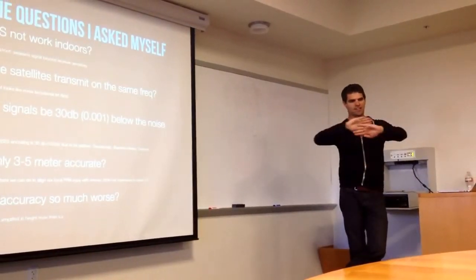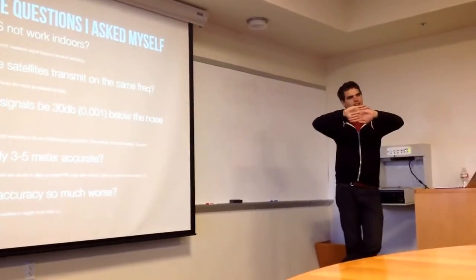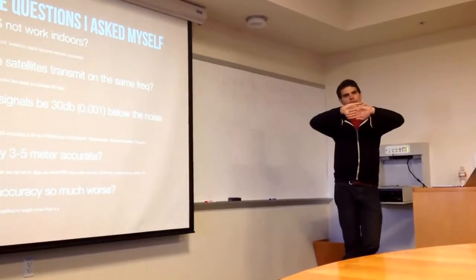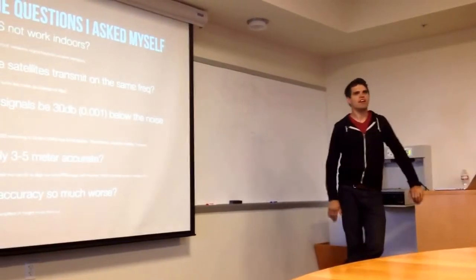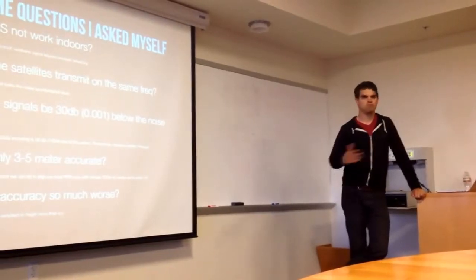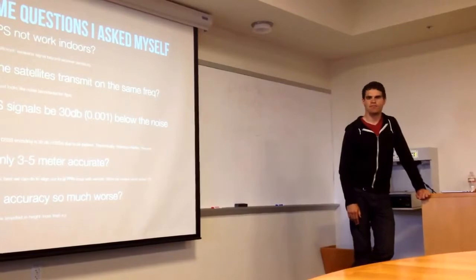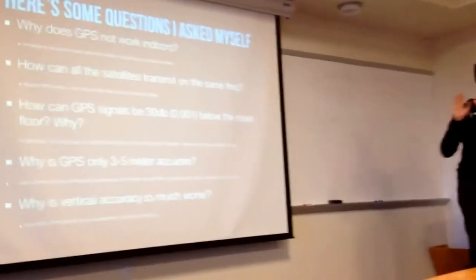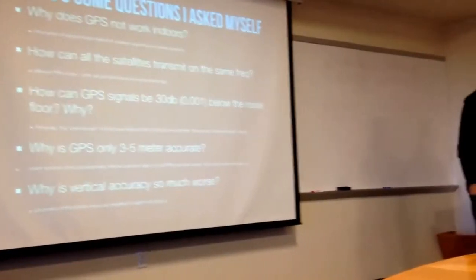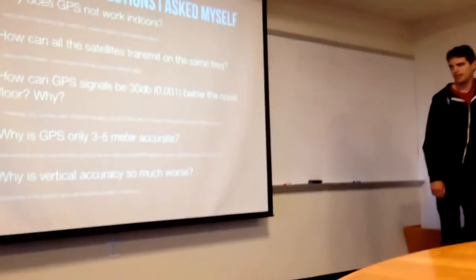So if I can line my local copy up to this within 1% accuracy, that means I'm about 3 to 5 meters accurate. If I can do it at 0.1%, then I'm 30 centimeters accurate. Turns out that 3 to 5 meters is about where doing a better alignment doesn't help you much, because all the other inaccuracies take over.